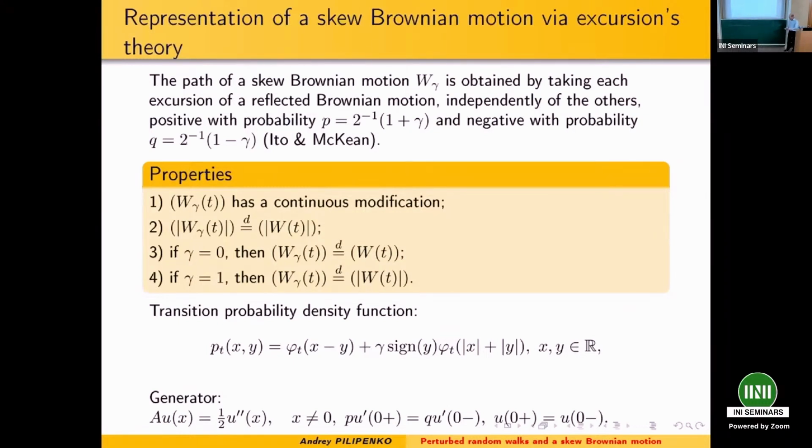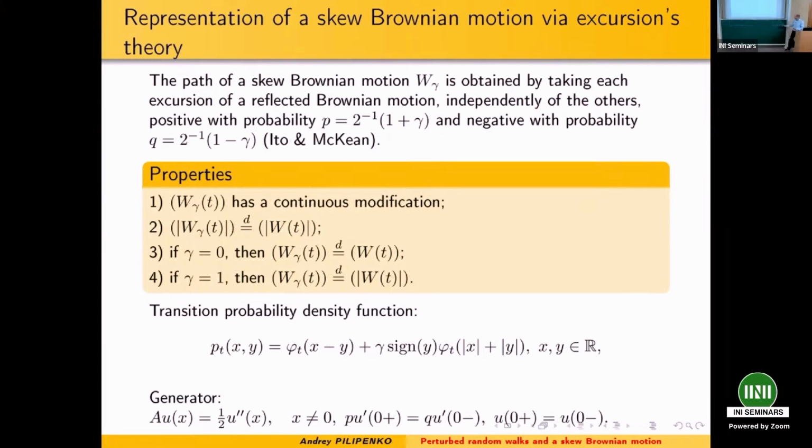If you consider the perturbed random walk with probability p going up from 0 and q going down, you can construct this skew random walk by the same procedure as Ito-McKean: just take the reflected symmetric random walk, and then flip some excursions.